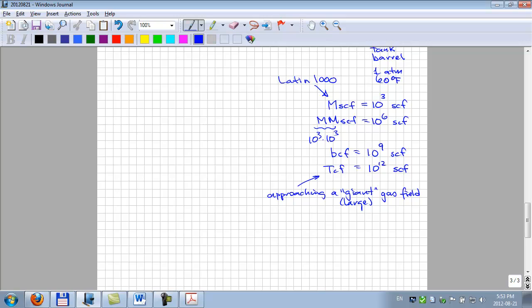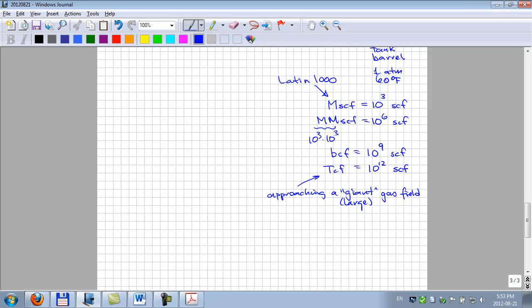The first Norwegian big field was Frigg, which was 6 or 7 TCF. Troll, the largest gas field in Europe, is 45 TCF, really a giant field.